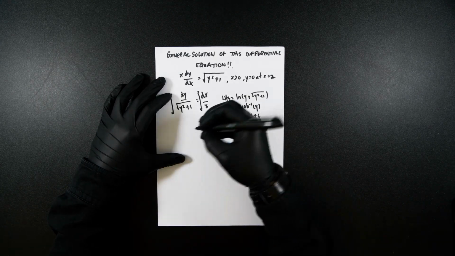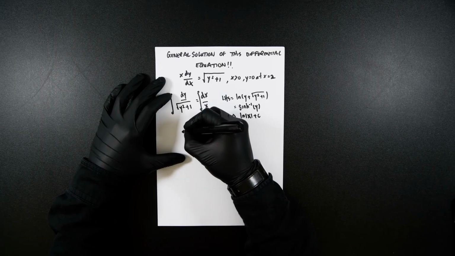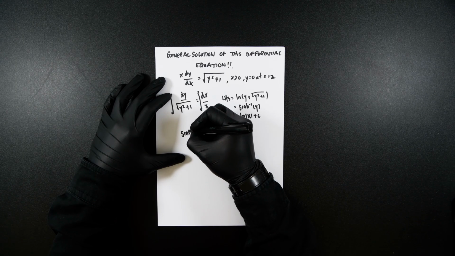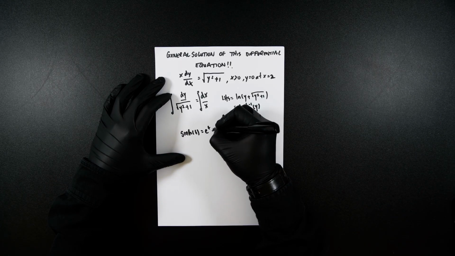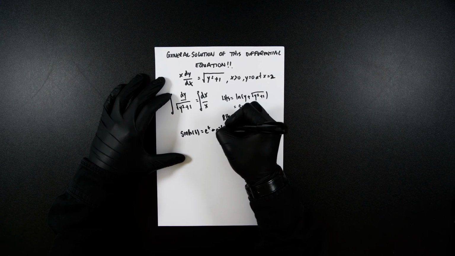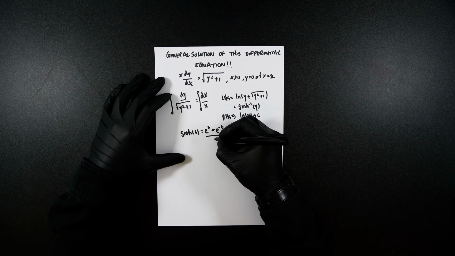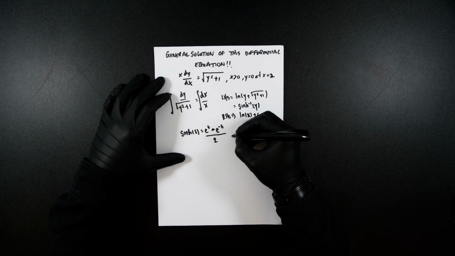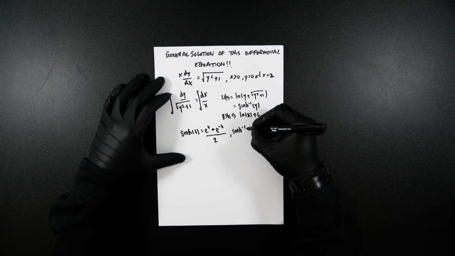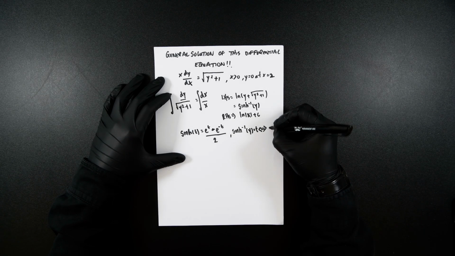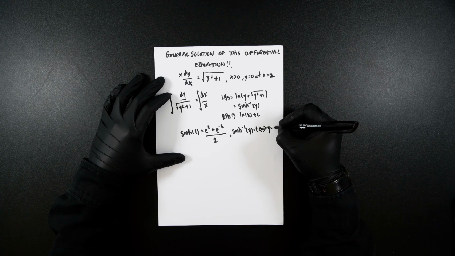So we now use Euler's formula, since we know that sinh t would be (e^t minus e^(-t)) over 2. And we know that sinh^(-1) y would equal t, and that is the same as y equals sinh t.